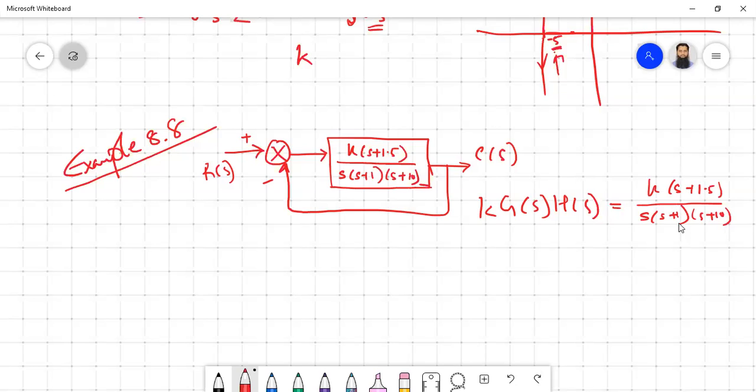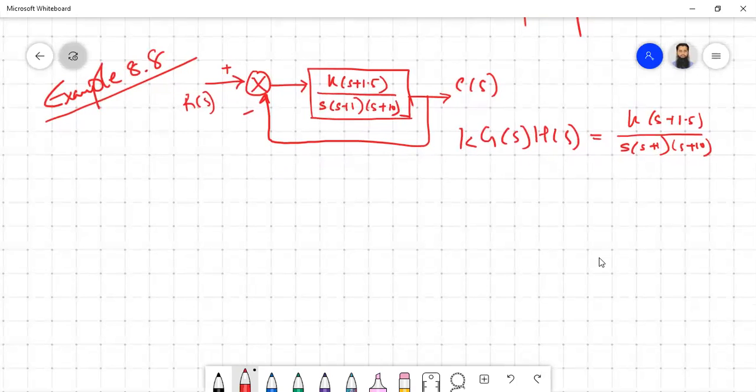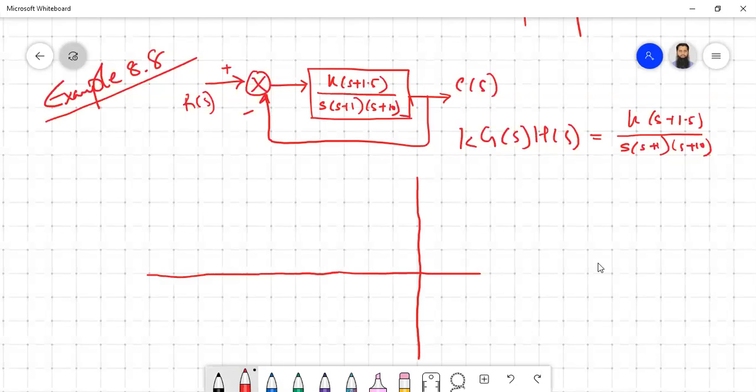Okay, so let us do a bit of experiment on this one. Before going to the experiment, let us try to predict the root locus. According to our prediction, we have one pole at origin.